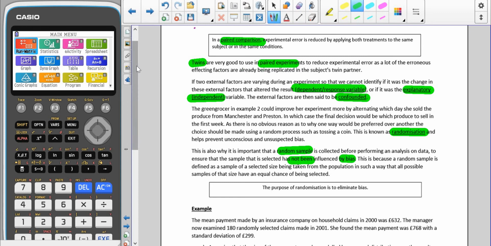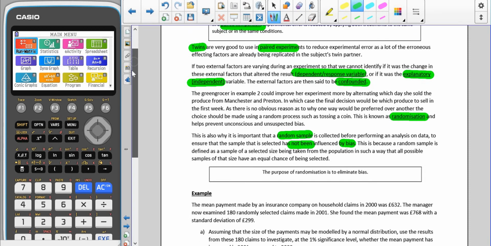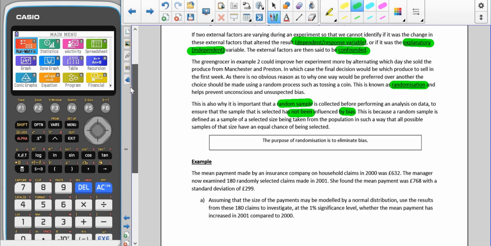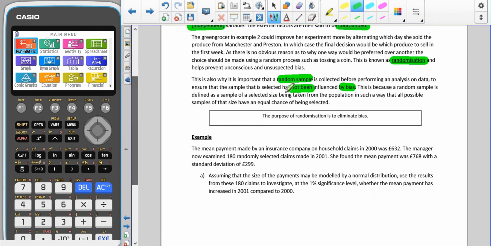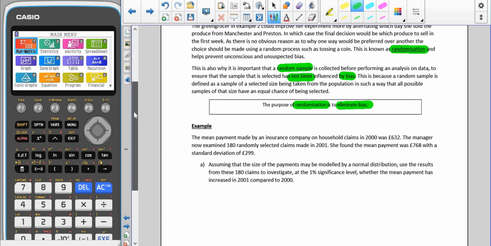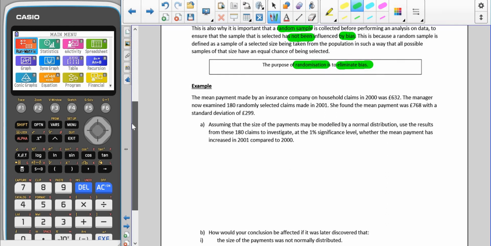Usually in these experiments, we're talking about a simple random sample. The reason being is that we don't want to include the same person in the experiment twice, because again, we're giving that person more control over the outcome. So the purpose of randomization is to eliminate bias, and we're going to talk about that a little bit more in the coming sections in our experimental design.